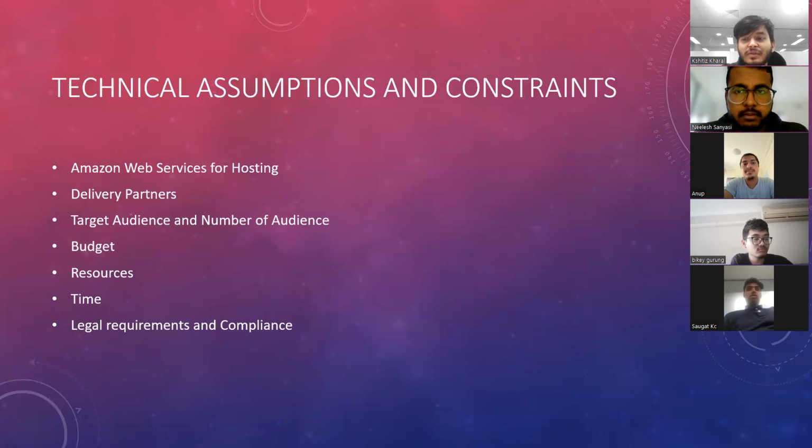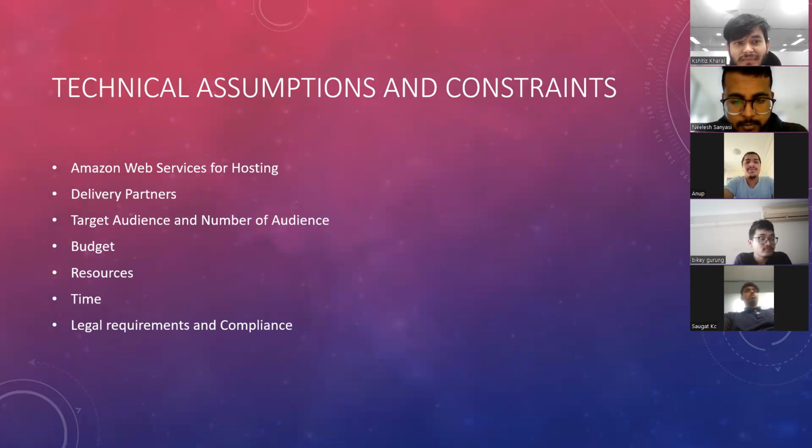So I'll pass on to my friend Anup for technical assumptions and constraints. Hi, this is Anup Sapkota, and I'll be covering technical assumptions and constraints of this presentation. While making this project, there are some technical assumptions that we made.